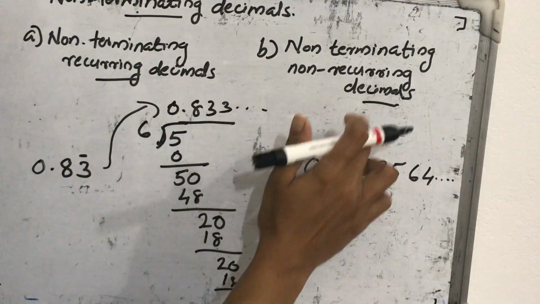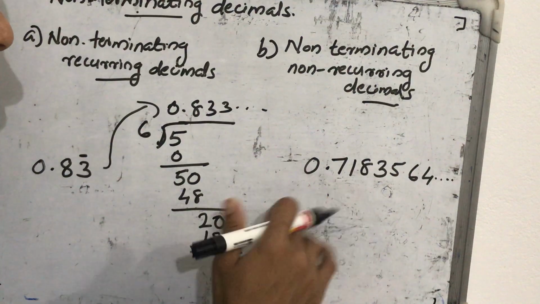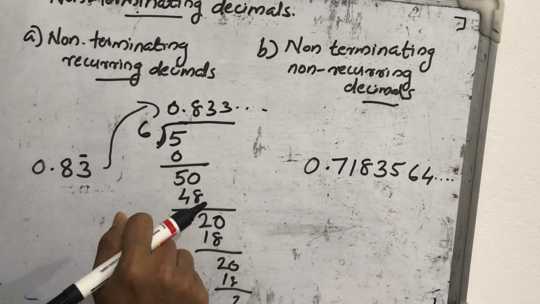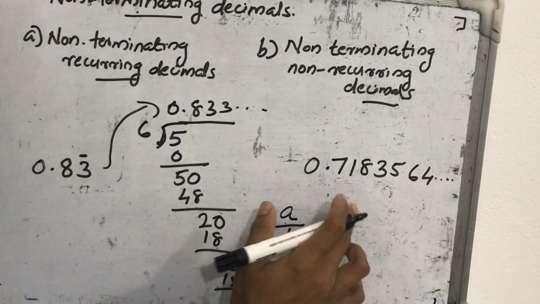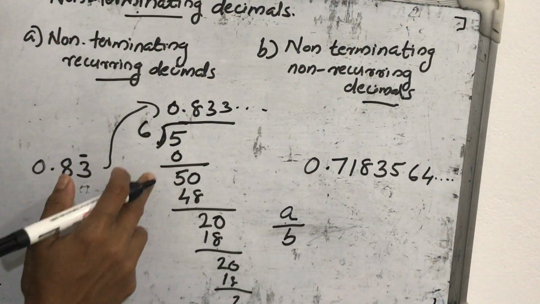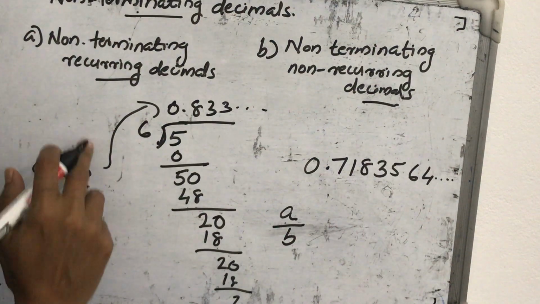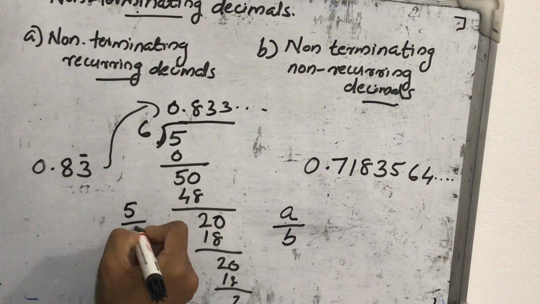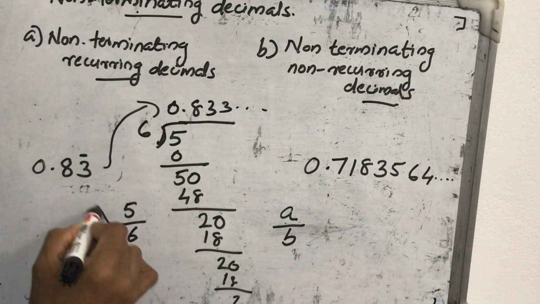In this case, we cannot convert these decimals into a rational form. We cannot write that in the form a by b or p by q. It is not possible. But in the previous case, it is possible to write 0.83 bar in rational form, because when we convert 5 by 6 into decimal form, we got this.